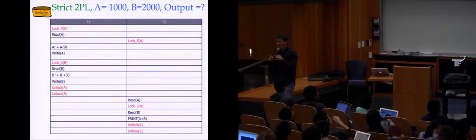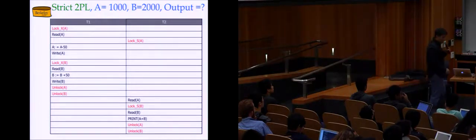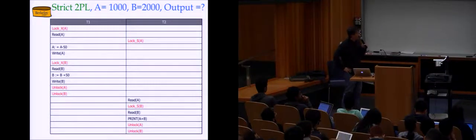The effect is the same, right? In both cases, it's conflict equivalent to a serial schedule of T1 going first and T2 going second. Okay? So I think that's really the only thing to emphasize on these two things. All right, this will also give us a correct output as if T1 went first and T2 went second.